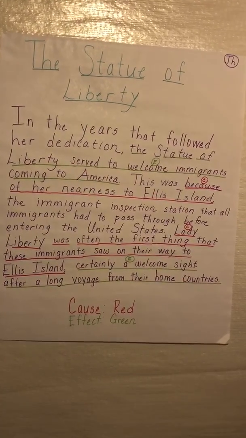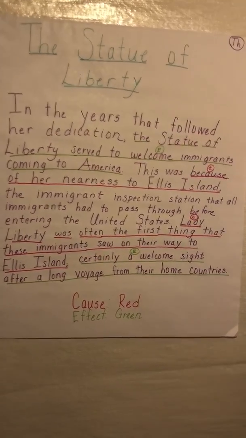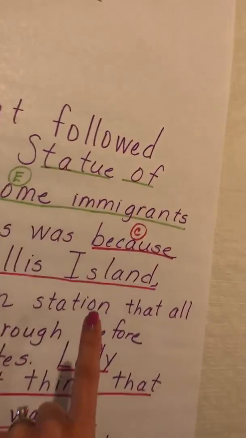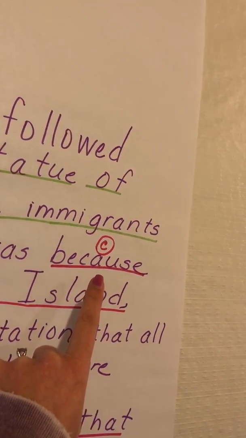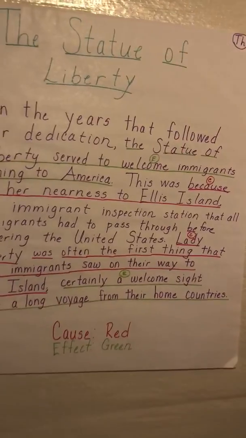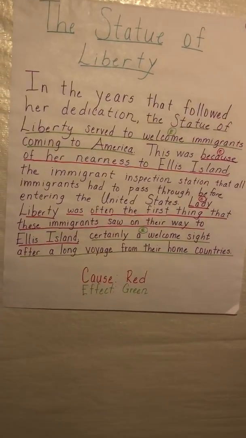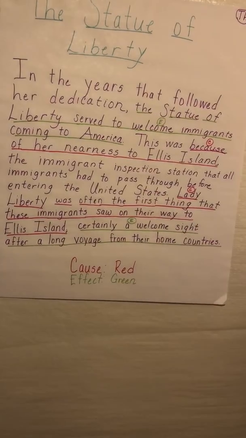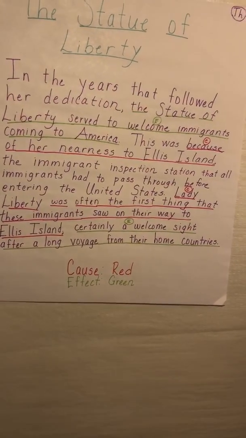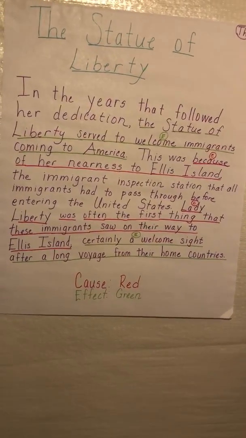There was a key word in that first part of the paragraph, and I've underlined it here. Because. Okay, if you notice, a lot of times the word because can help you to find the cause and effect, with that word cause being inside that larger word because. So that can be a clue word for you when you're looking for cause and effect.